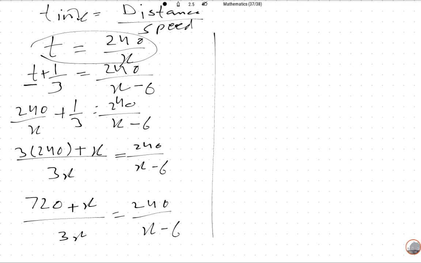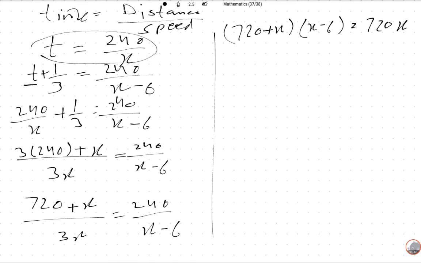So now cross multiply. 720 plus x into x minus 6 is equal to 720x. Okay, 240 multiplied by 3x is 720x.